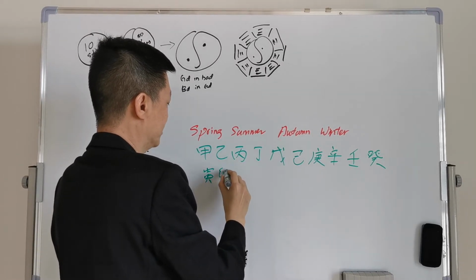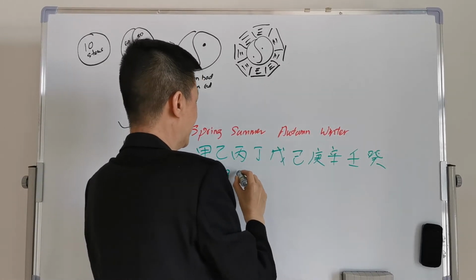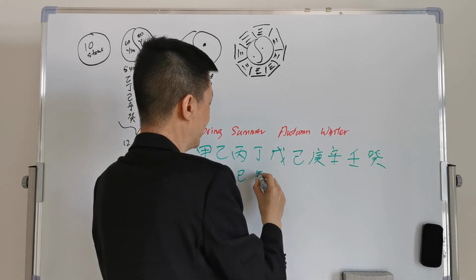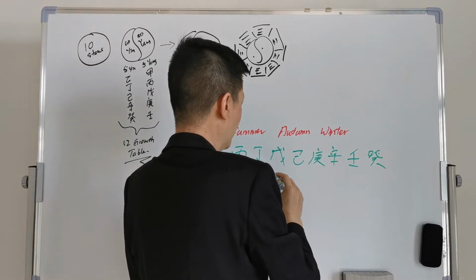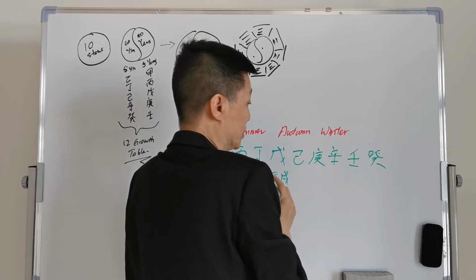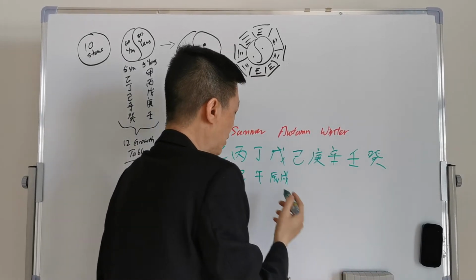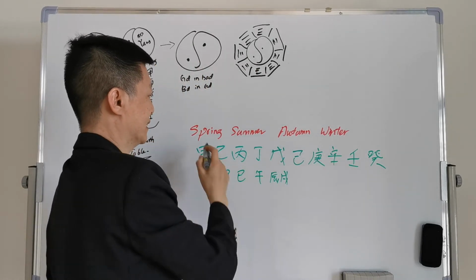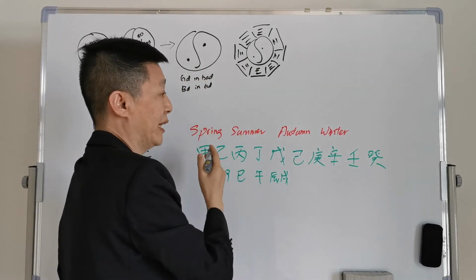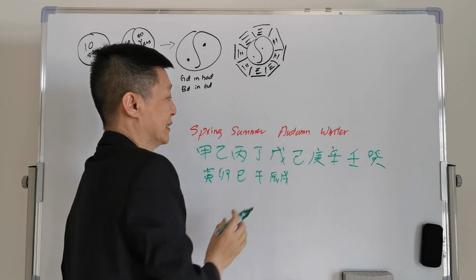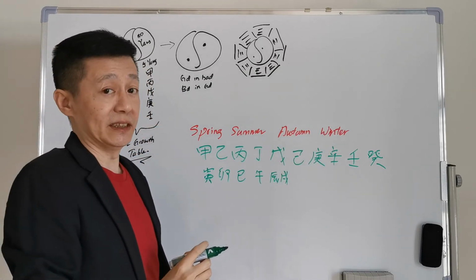Yi becomes rabbit. Bing becomes snake, followed by horse. Then Wu is dragon and dog. This is when they become form. Of course, all this form is blended together with the four seasons.